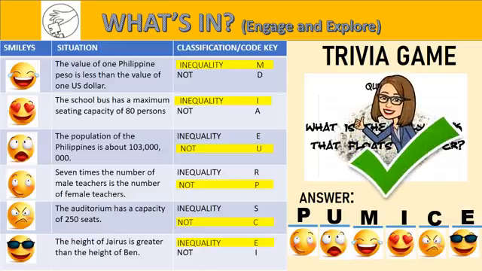Great job, everyone. You did it. So now, how can you describe the situations given? Do you know how to translate it into mathematical sentences? Well, let us together learn it now.